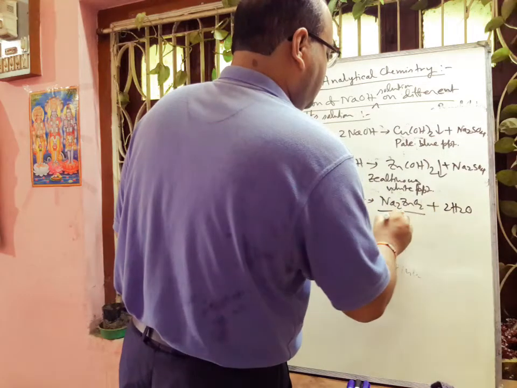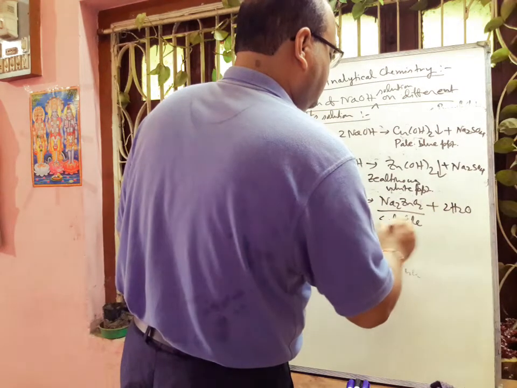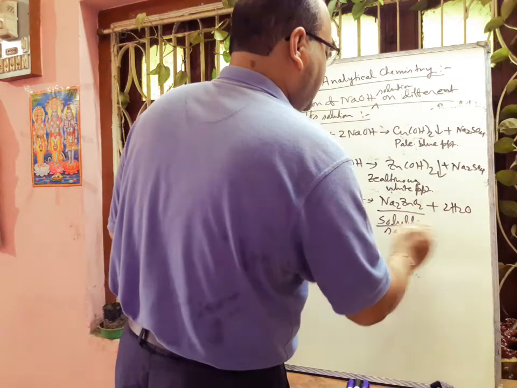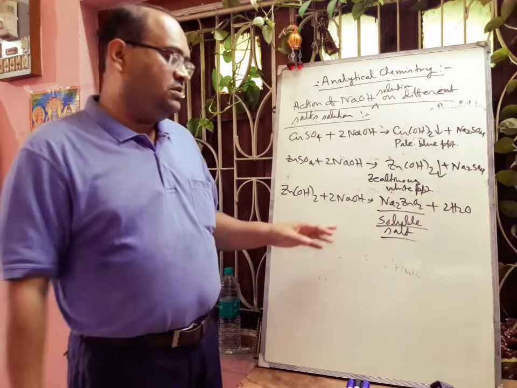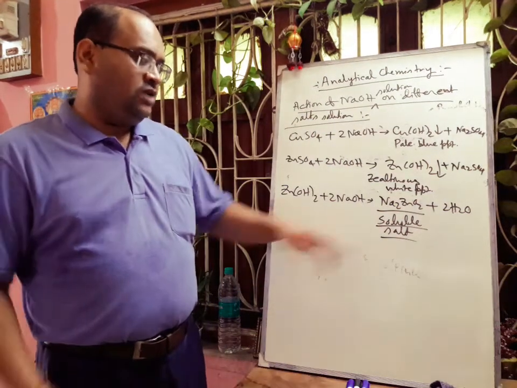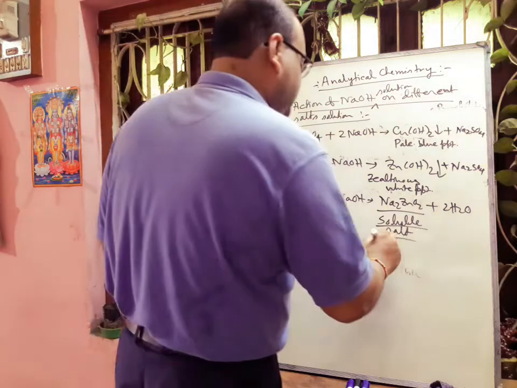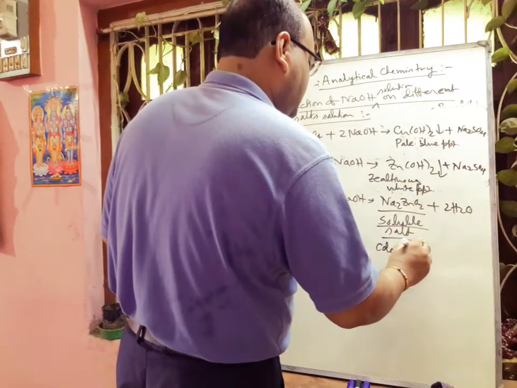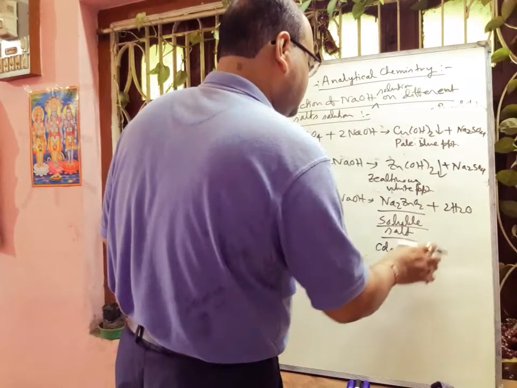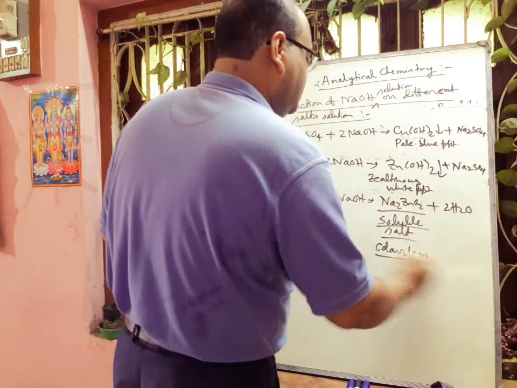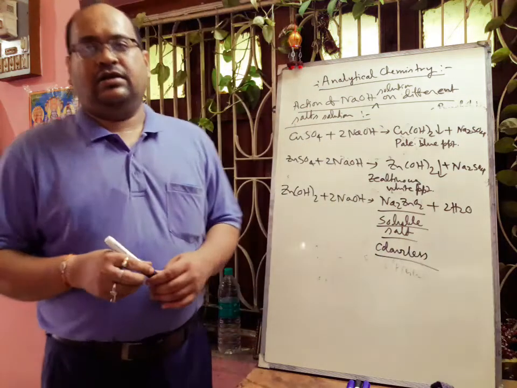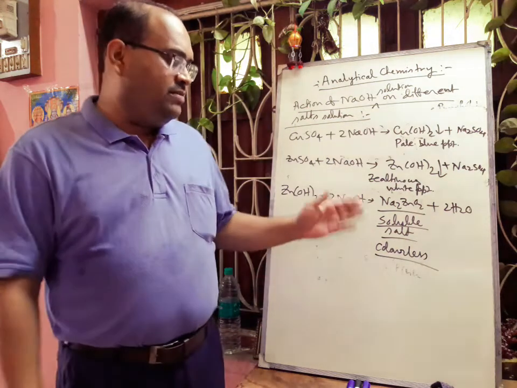So this is soluble. We know that generally sodium, potassium, all types of salts are water soluble. So this is a soluble salt and it remains colorless. So sodium zincate will remain colorless.